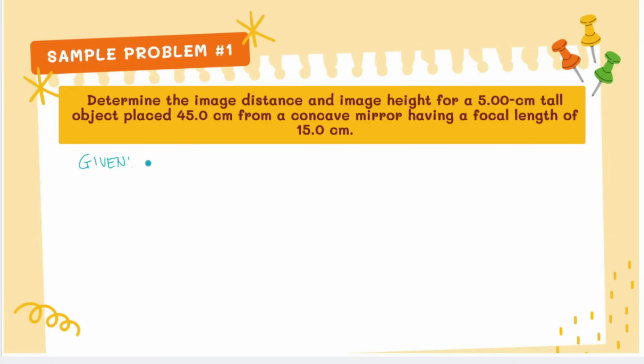So, we have a 5 centimeter tall object, so that would be HO. Placed 45 centimeters from a concave mirror, so that would be the distance of the object.